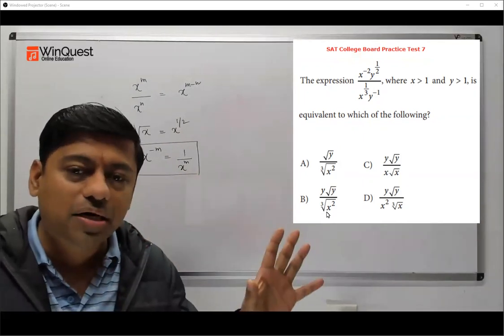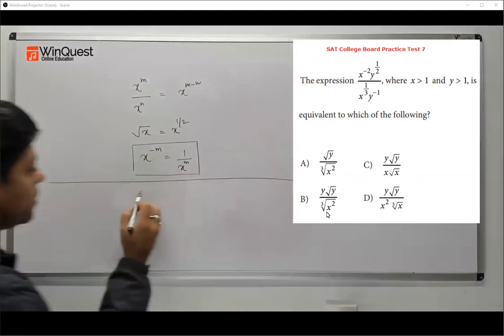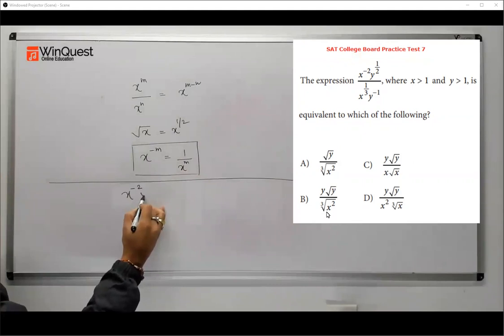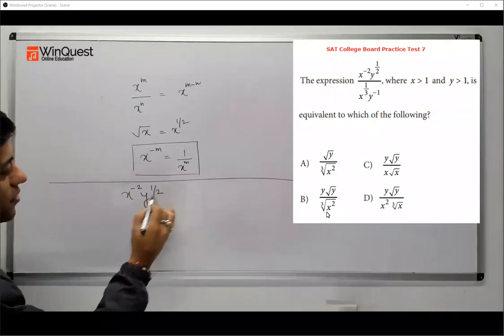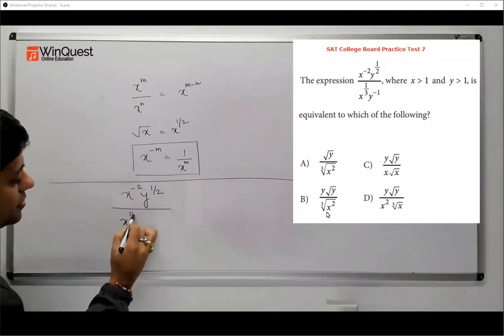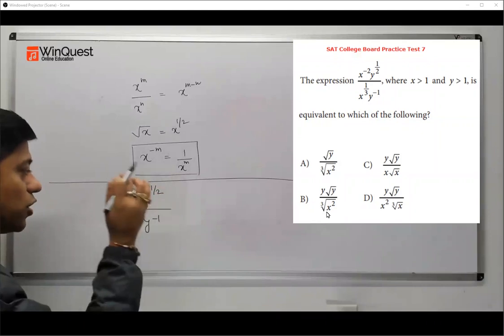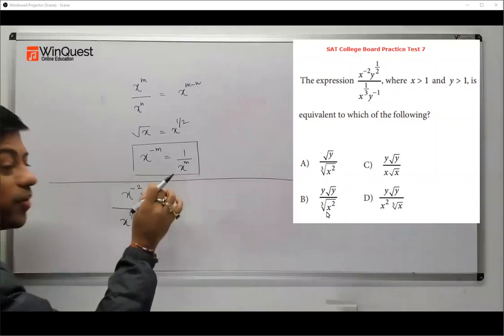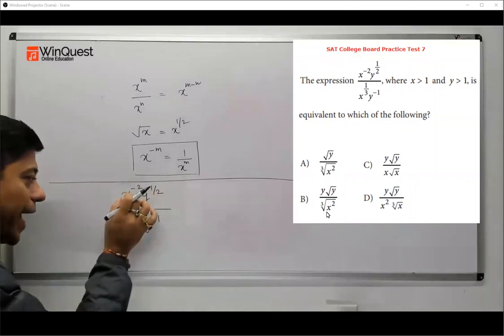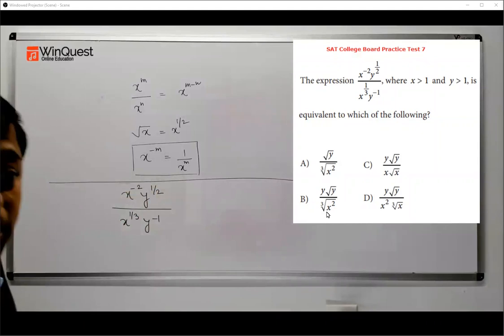I am going to take that approach to transform this problem as x to the power minus 2, y to the power half by x to the power 1/3, y to the minus 1. I'm going to take the approach of moving the y components to the numerator side and x component to the denominator side first.